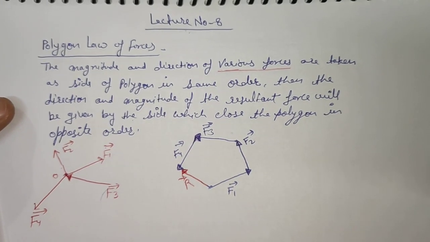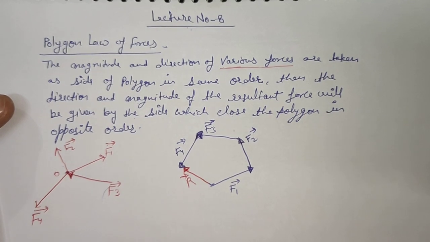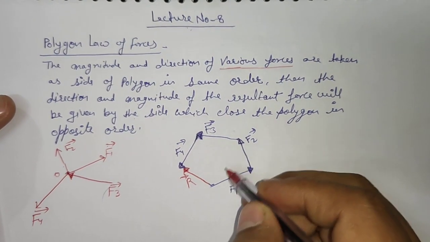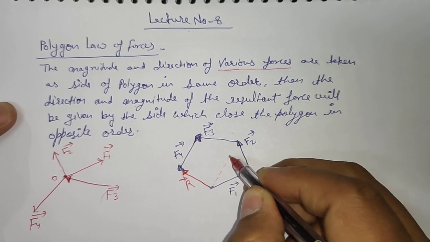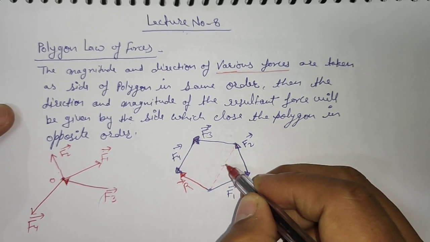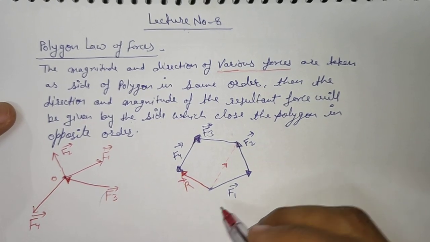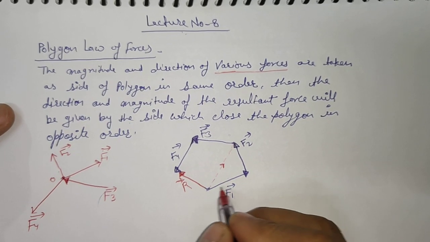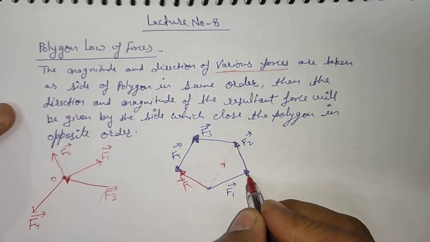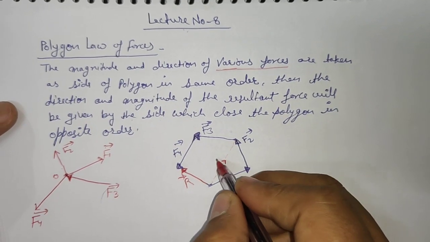So we have to find the value of R and the direction of R. So कैसे करेंगे? We make different triangles. First we make this triangle. This is cyclic order like this, and according to the triangle law, one force F1 is given, the second force is given in cyclic order, and the resultant is the closing side of the triangle.